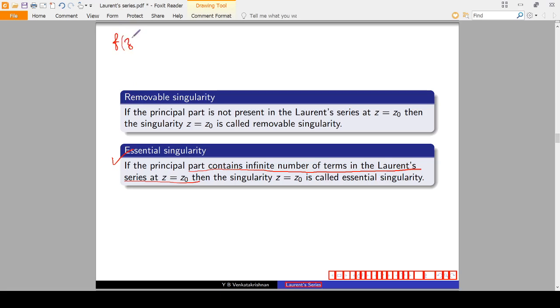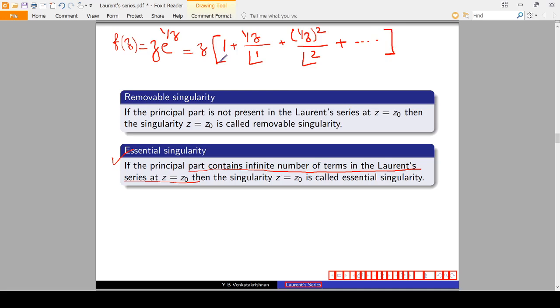For this, you take this example, f of z is e power 1 by z. Now if you look at this, e power 1 by z has to be expanded. This will be 1 plus 1 by z by factorial 1 plus 1 by z whole squared by factorial 2 plus so on.